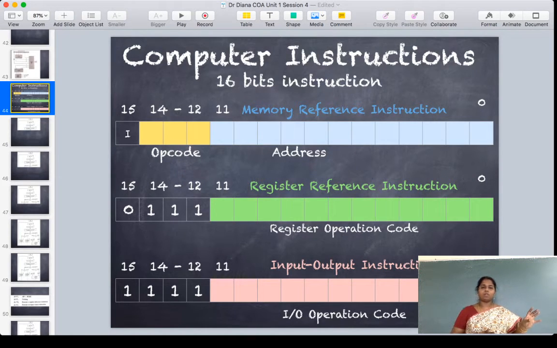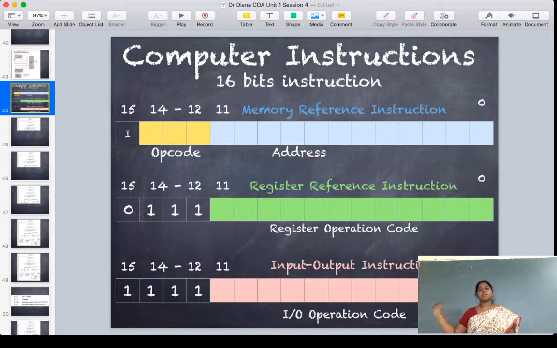It is called I, and bits 14 to 12 are referred to as the opcode, followed by bits 0 to 11, which are 12 bits, used for indicating an address value. So memory reference instructions are instructions that go to the memory, fetch some data or take some data from the accumulator and store it back inside the memory. This is the basic idea behind it.